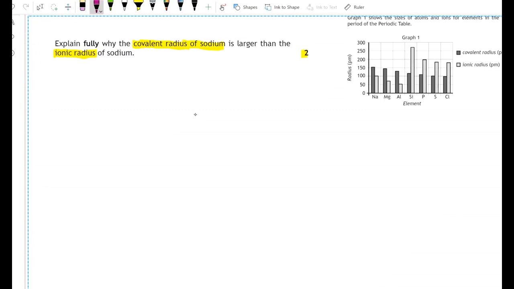So what do I mean by that? If we look at a sodium atom, just move that across.